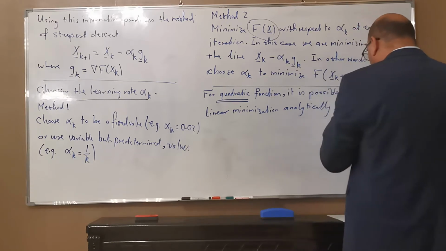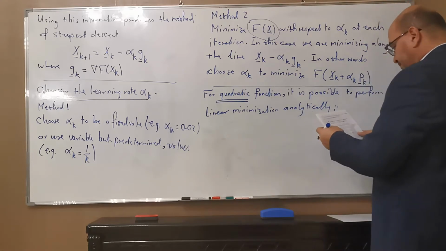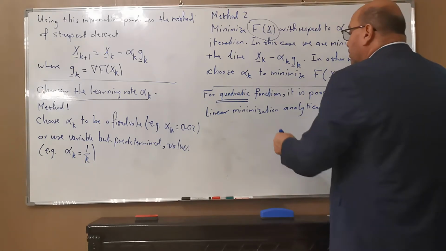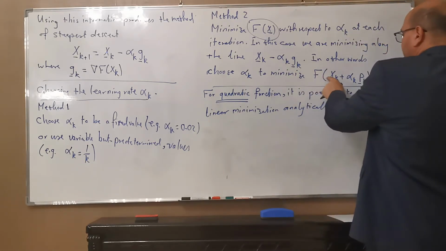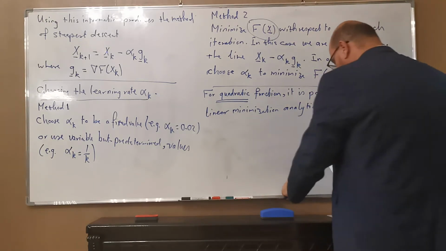So we can do it analytically. We can find the minimum by taking the derivative of this function with respect to alpha.